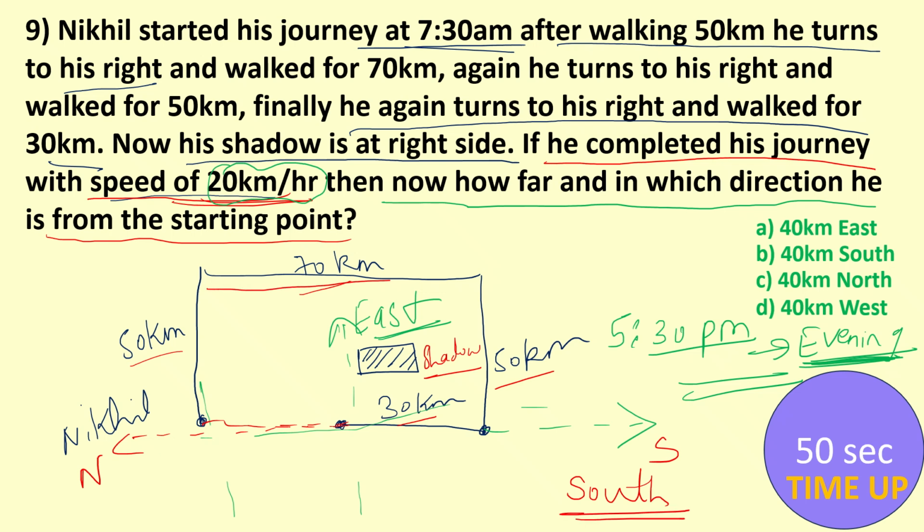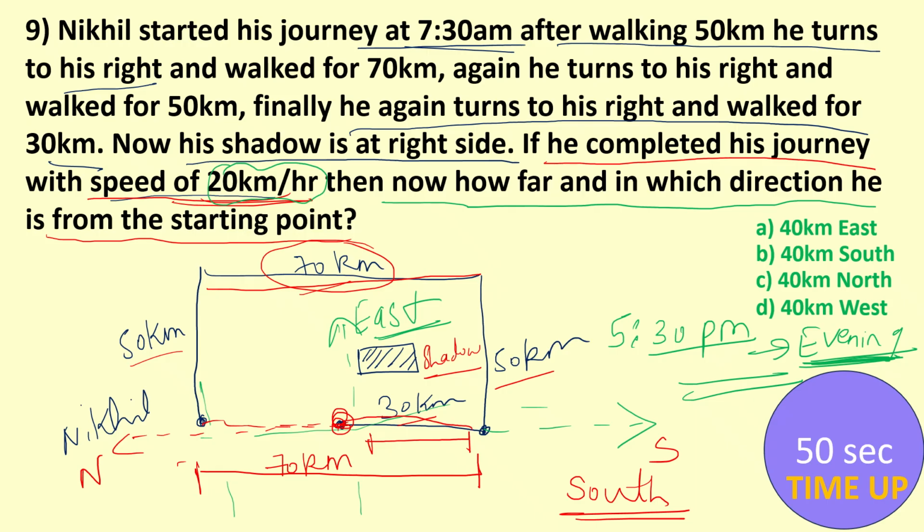If this is total 70 meter and till here it is 30 meter. Total is 70 meter. Why? Because opposite sides of a rectangle are equal. So if this is 70 kilometer, then this will also be 70 kilometer. But till here it is 30 kilometer.